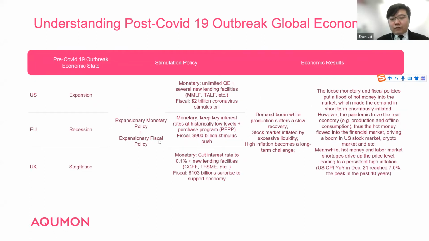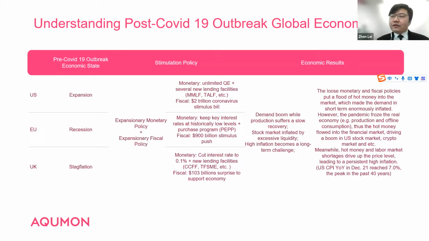Because of the difference in stimulation policy, the economic results can be different. For the developed markets, especially the United States, as they created a lot of money, it was expected to experience high inflation afterwards.